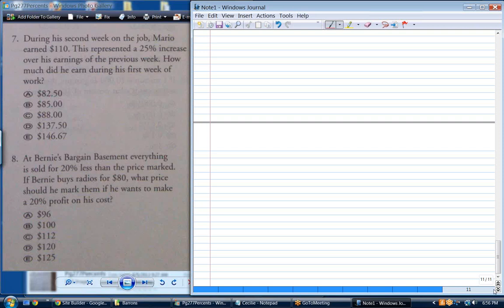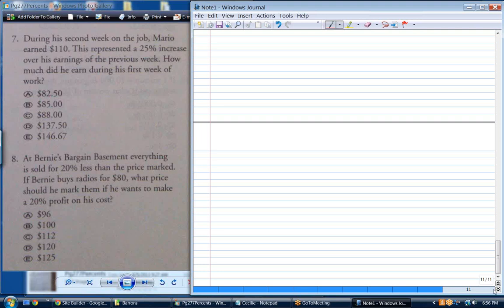If Bernie buys radios for $80, what price should he mark them if he wants to make a 20% profit on his cost? Algebraic, back solve. Well, 20% of 80 is 16.